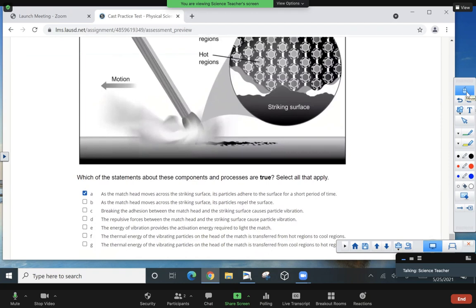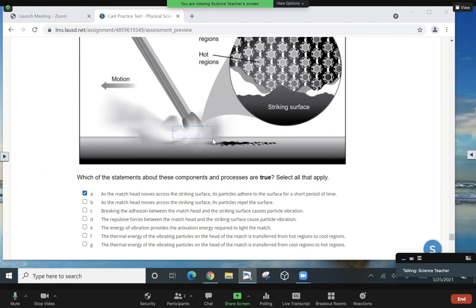But when we take a look at this letter C, breaking the adhesion between the match head and the striking force causes particle vibration. Well, we're starting to learn that as you place the match head onto this part that has a lot of friction involved, there's a lot of vibration there.